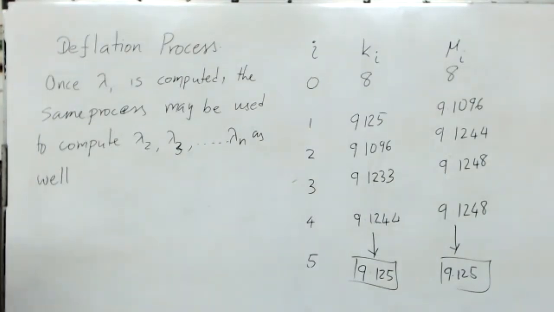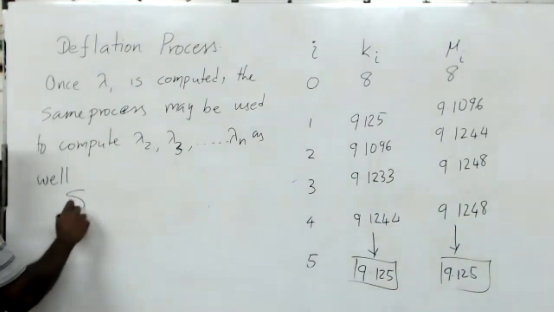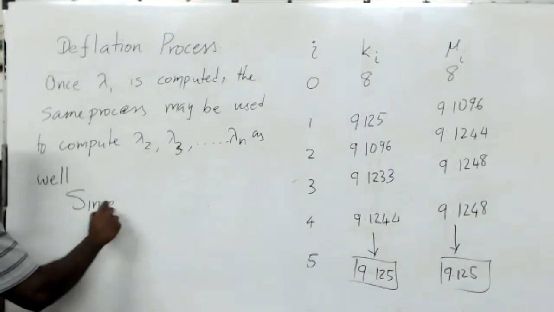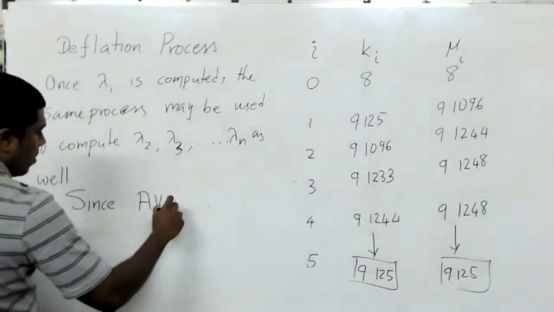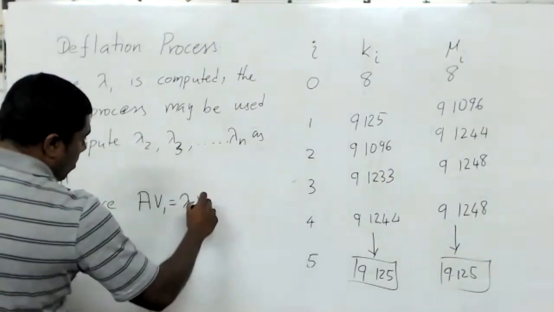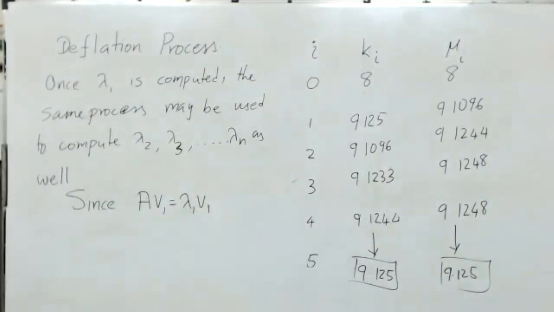In order to see this, first notice that you all know that A times B1 is equal to lambda 1 times B1. Right? So that is the definition of eigenvalue and eigenvector.